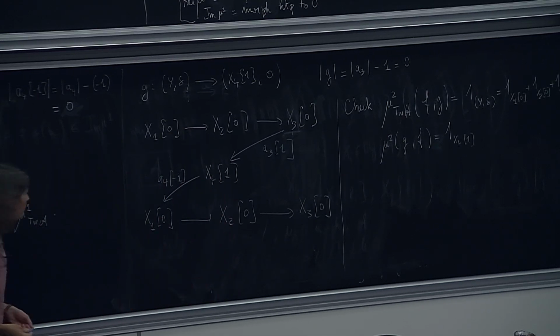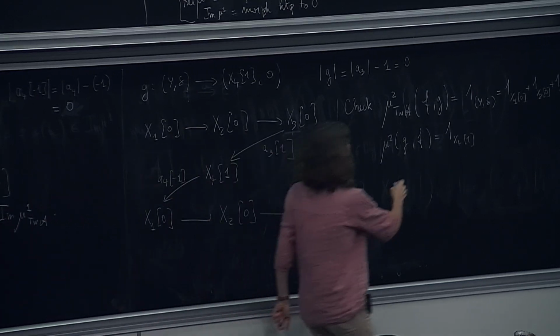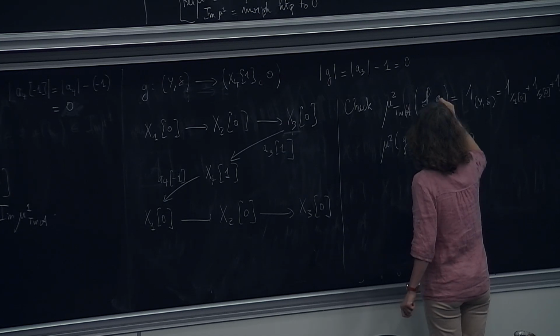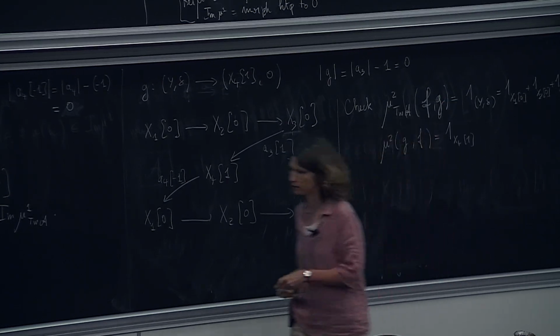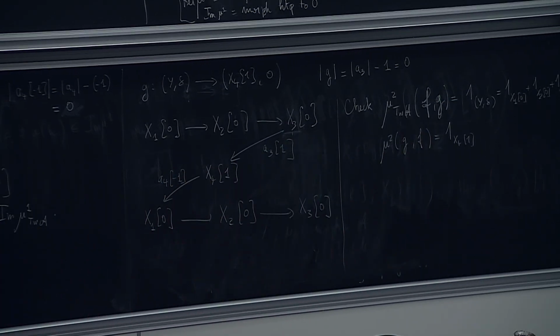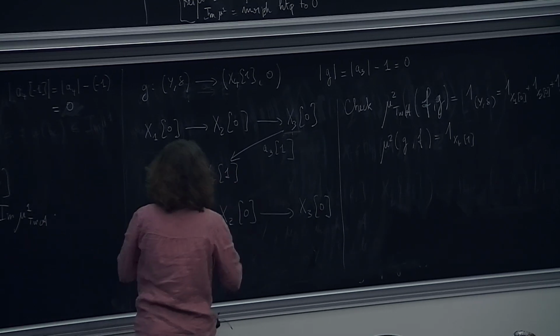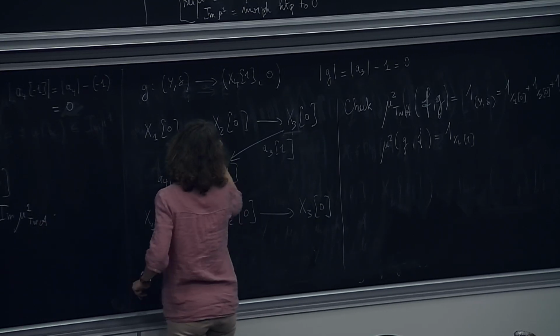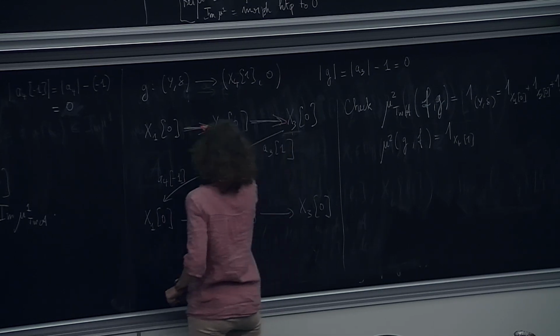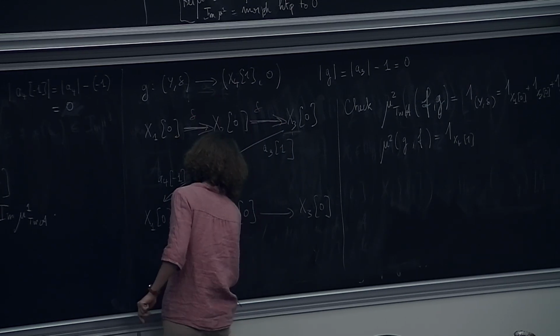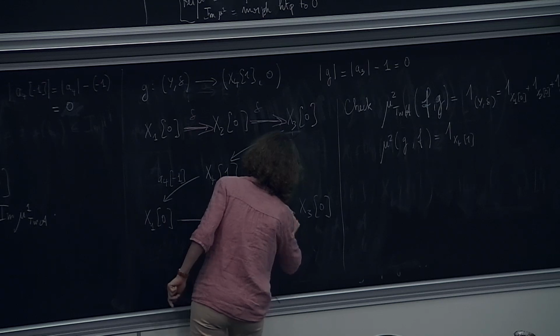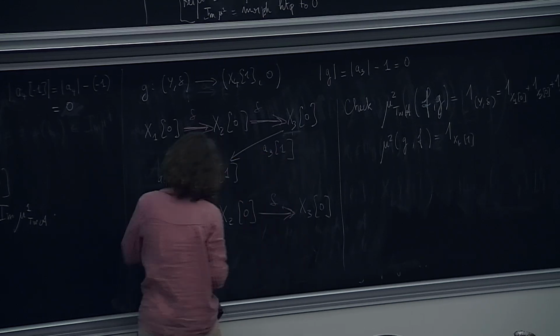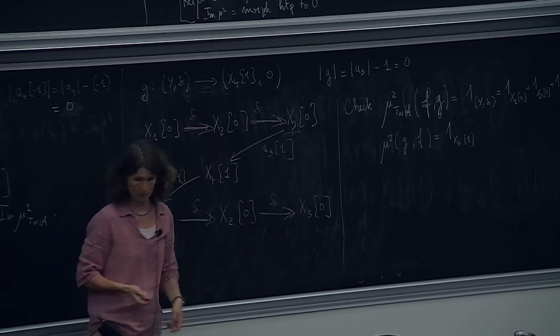This is my morphism. This is my F and G. I write them in blue, and maybe I write in red these are the deltas. So here I don't have any delta.